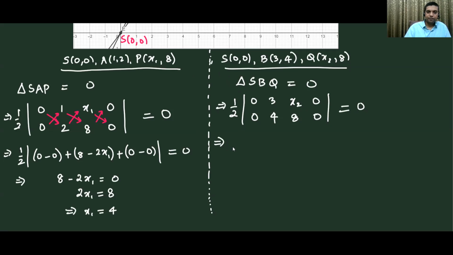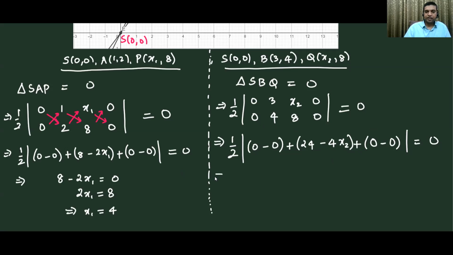This is equal to half of 0 into 4 minus 0 into 3, plus 3 into 8, 24, minus 4 into x2, plus x2 into 0, minus 8 into 0.